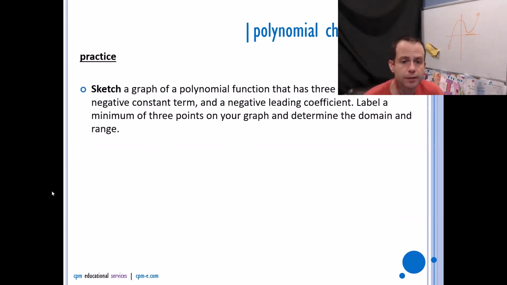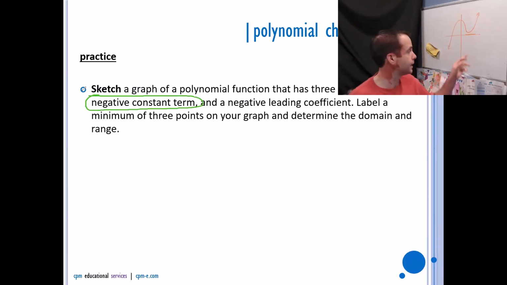A negative constant term, remember that the constant term is actually the y-intercept, okay? So that means I need to hit my y-axis somewhere below here. I also need a negative leading coefficient, which means I need to end going down, okay?